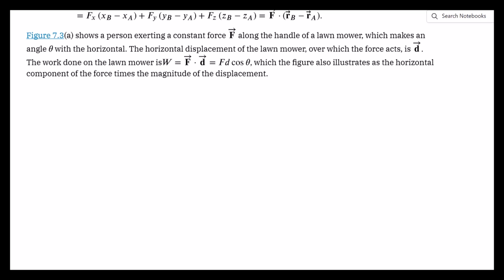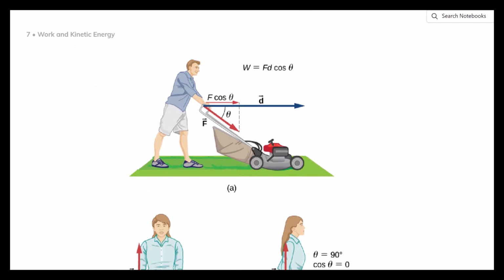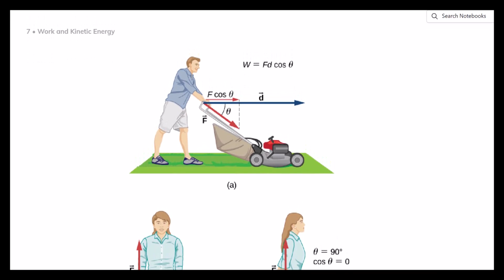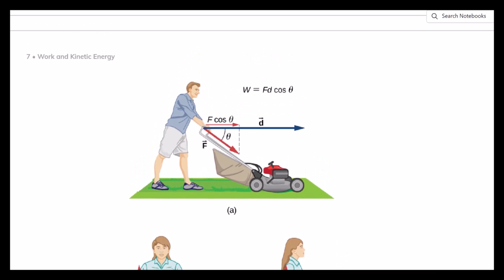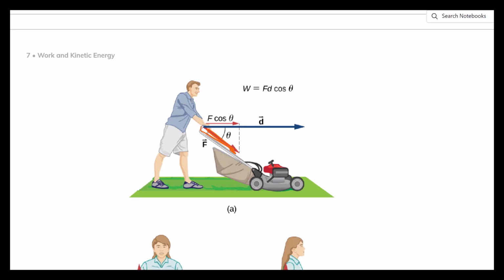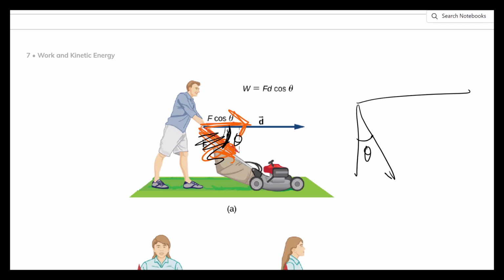So, you know, a person moving with a lawnmower, if they're going straight, I was giving that example before. You just break it out, and whatever component of his force is in the direction of the lawnmower is what counts. In this case, it happens to be cosine, because that's where the theta is labeled. But it's possible, like if they labeled the theta here, and the r was here, now it would actually be sine, right?